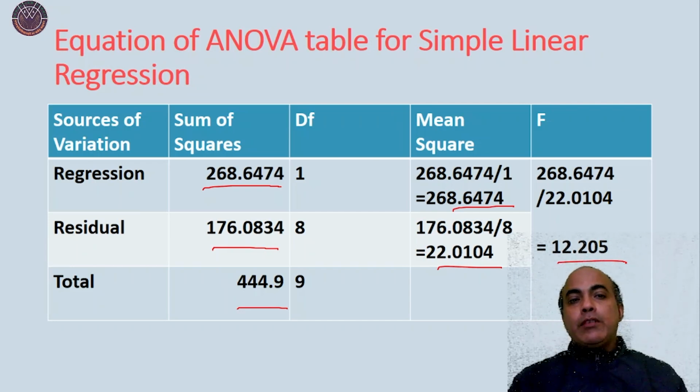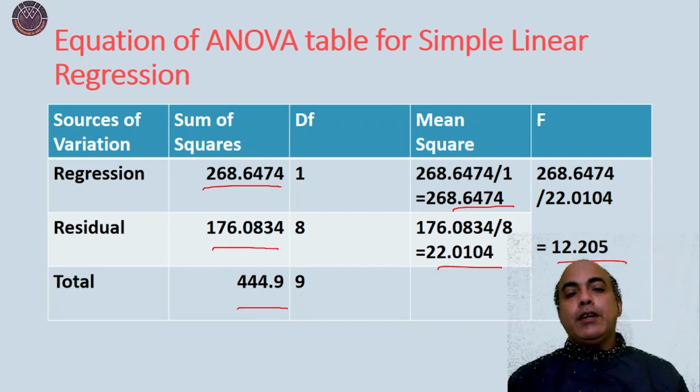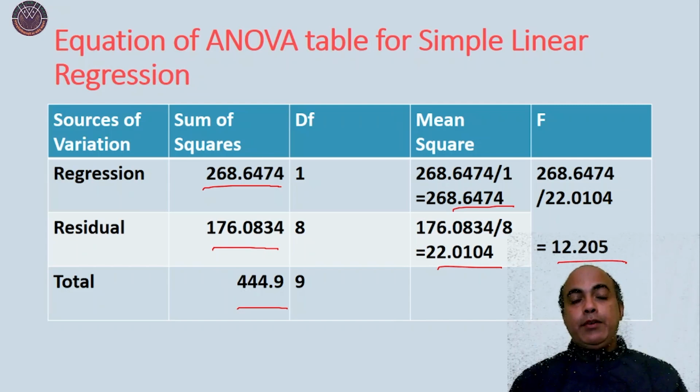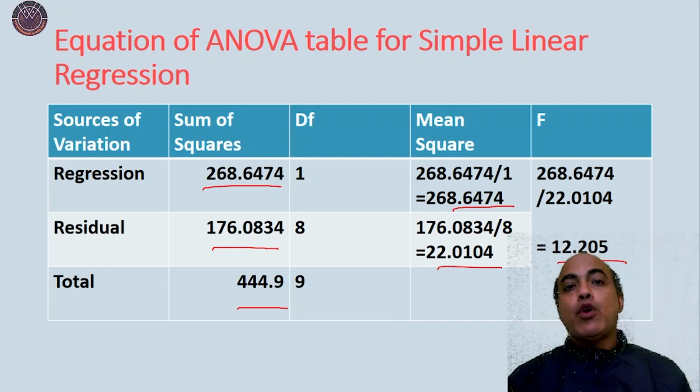Now this ANOVA table result we have to interpret in terms of one hypothesis, basically the null hypothesis, that there is no relationship between the independent and dependent variable. That is, our F value is not significant, or we have not been able to get a line of fit, or the regression equation.